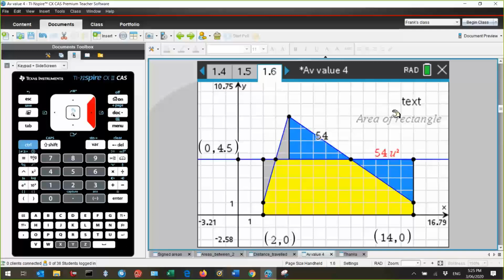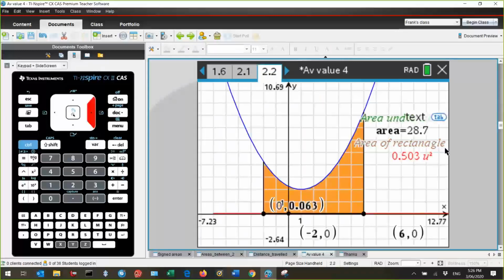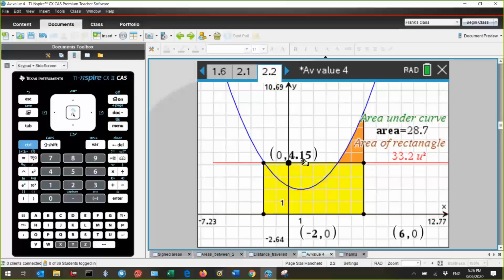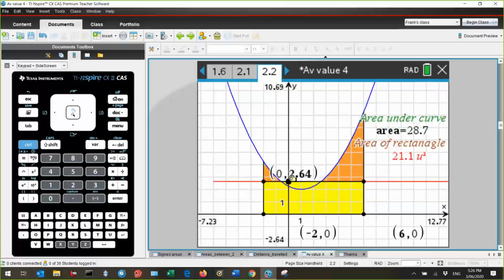So I can do exactly the same thing with a non-linear function. So I have this non-linear function. I want the average value between -2 and 6. Now, it's not obvious where that average value is. However, I know that the total area under the function is 28.7. That's the orange area, so I need an equivalent yellow area also of 28.7.